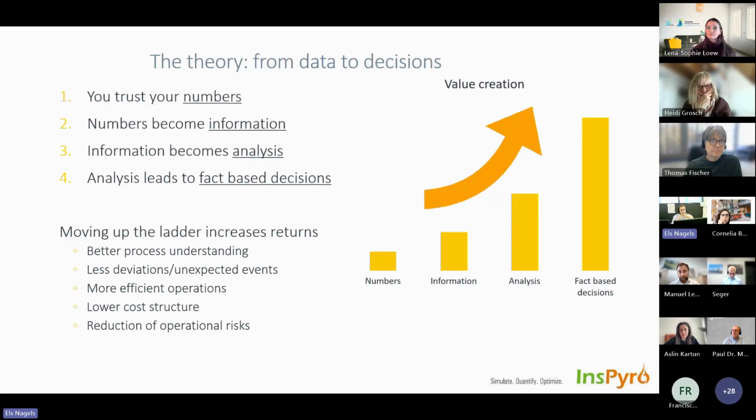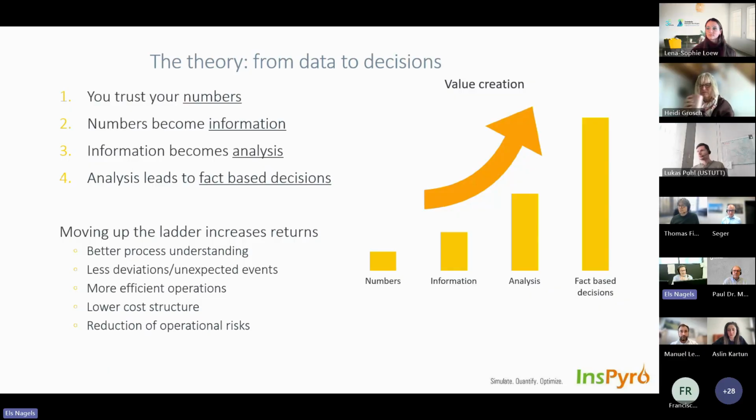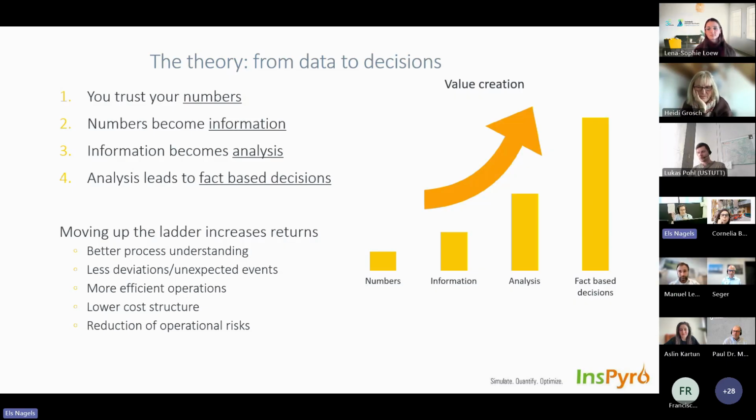Then when you can find a way to transform these numbers into information, you actually take a step up. Just as a very simple example, you can have the number 1450. That is just a number. If you add the unit, so 1450 degrees centigrade, it becomes information. So your data gets more value.